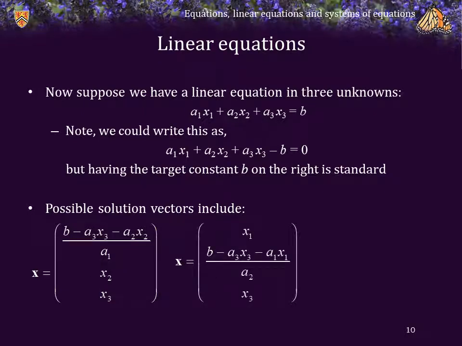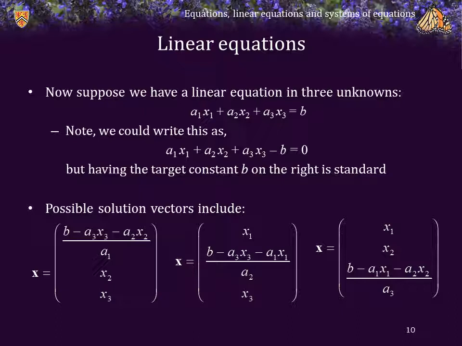Alternatively, we could have chosen x1 and x3 to be free variables, in which case we solved for x2 with respect to the other two free variables. The final solution is this one here, where x1 and x2 are free variables, and then we solved for x3 with respect to the two given free variables.